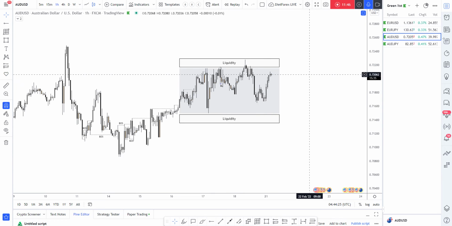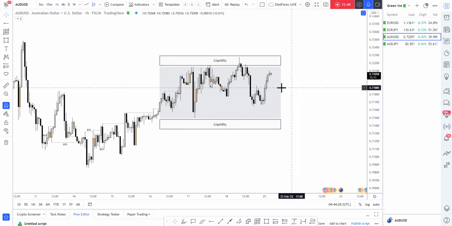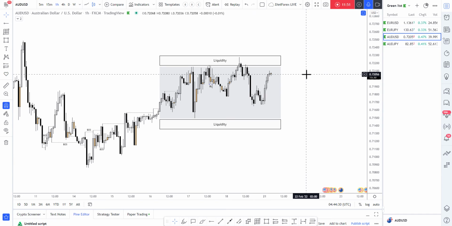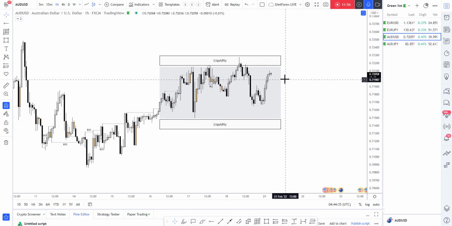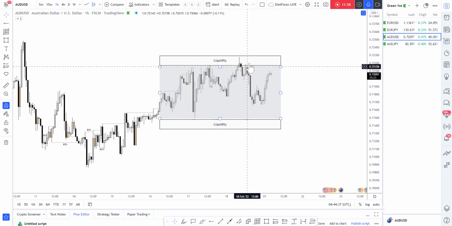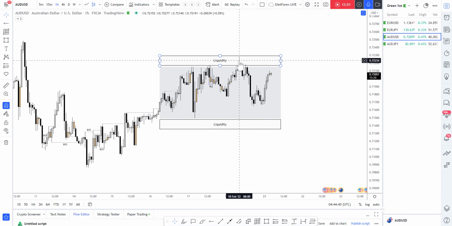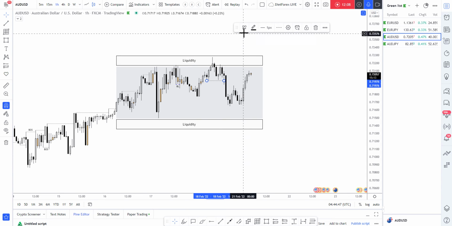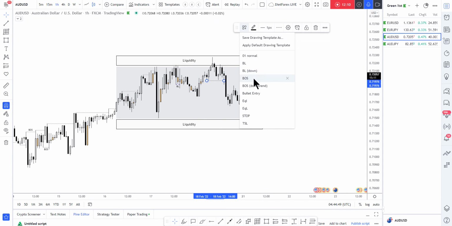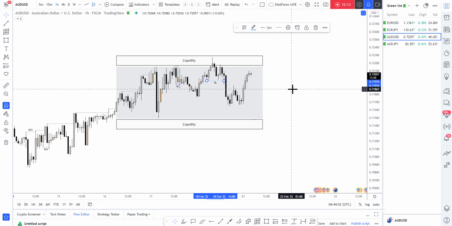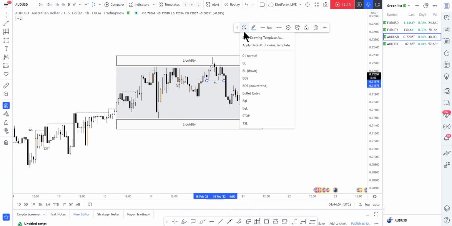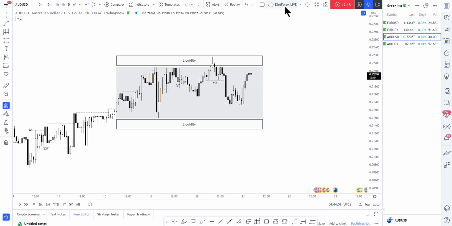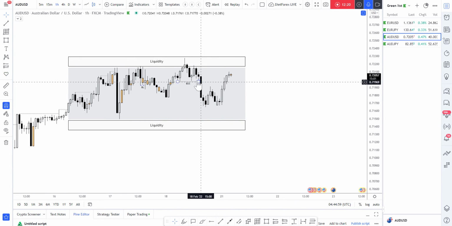And personally, I don't take trades inside the range, but recently I've been observing and studying this kind of price action. I call this a stop hunt, and I've been observing if I could probably consider this as an opportunity.